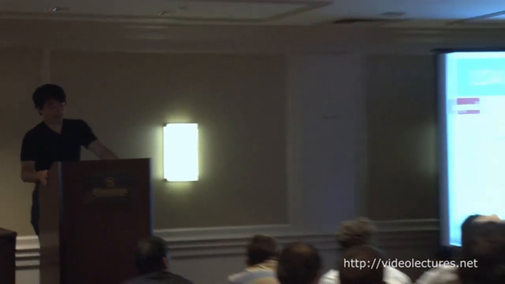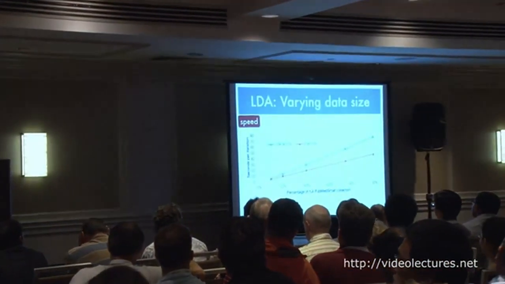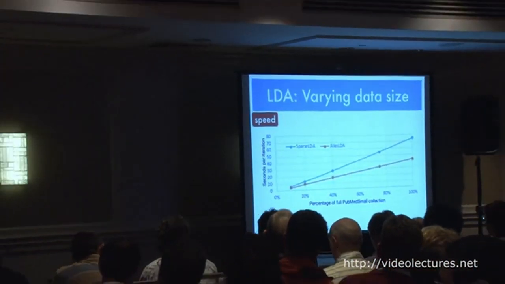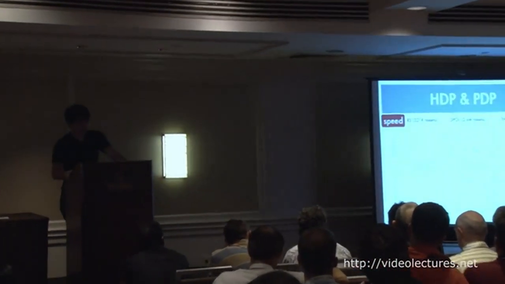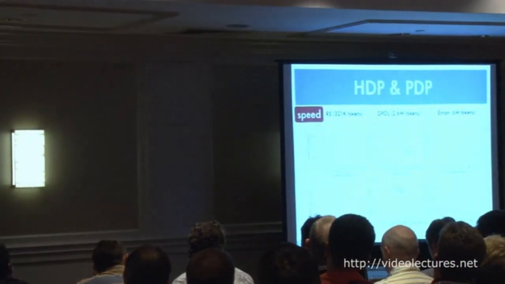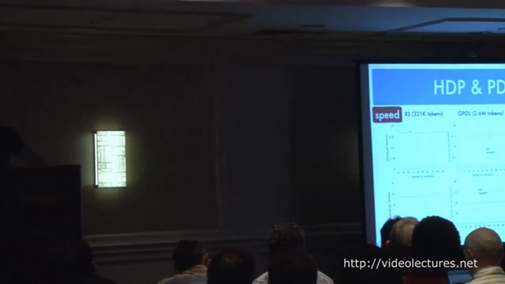Similarly, alias LDA scales a lot better than sparse LDA when we vary the amount of data. So for sophisticated topic models like HDP and PDP, the time complexity is directly reduced from order K down to order KD, and that speedup is huge.